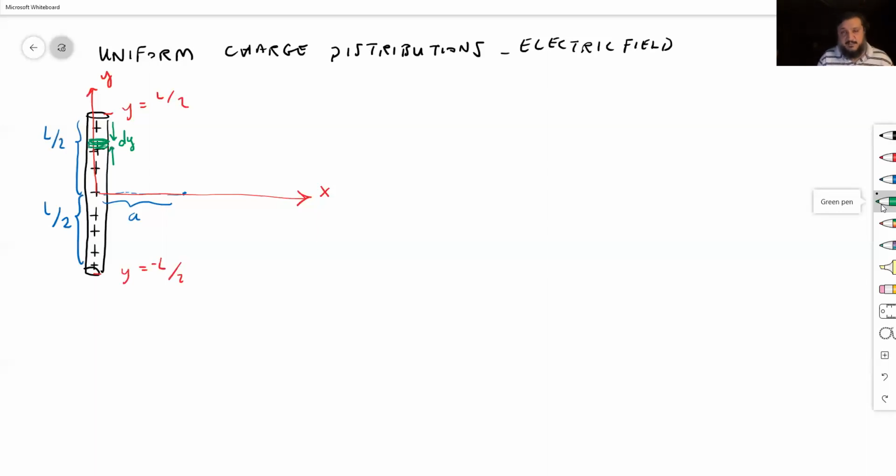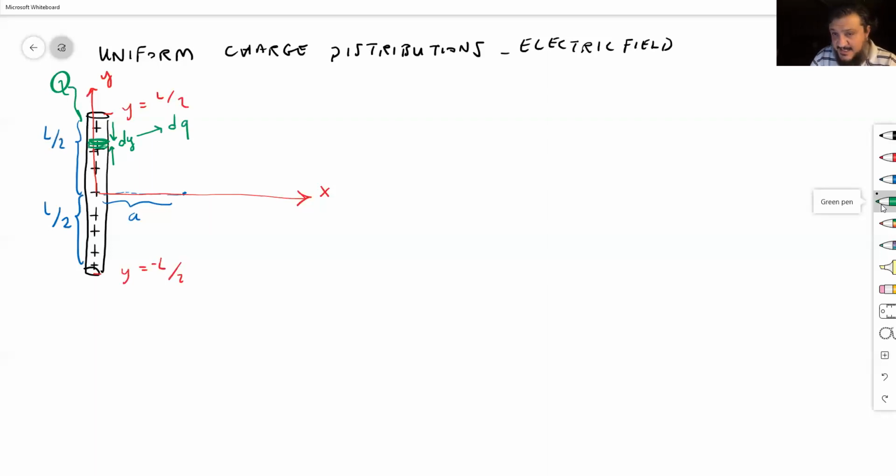D stands for infinitesimal or differential, right? And that carries a charge dq on it. dq, okay? Very small. Now, the rod itself may carry a total charge of q, and this q is evenly spread along the line, right? But I'm talking about only dq right now.